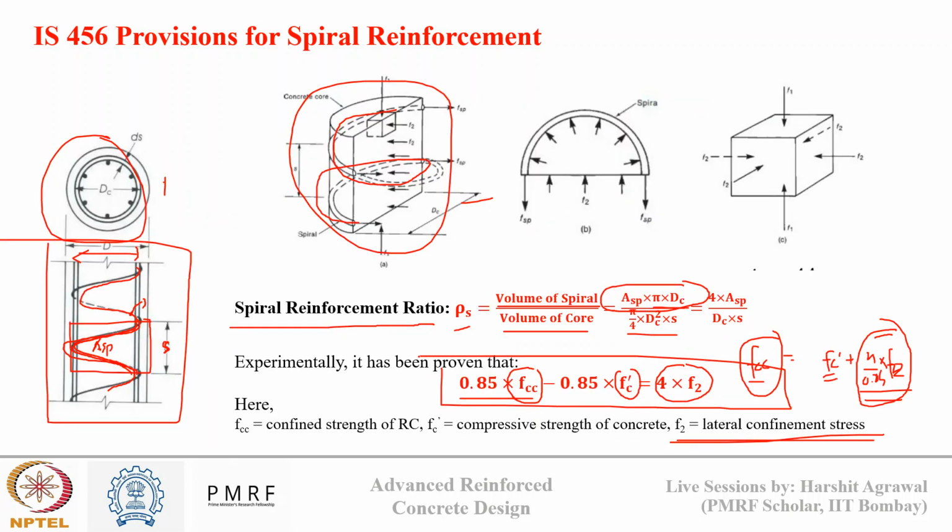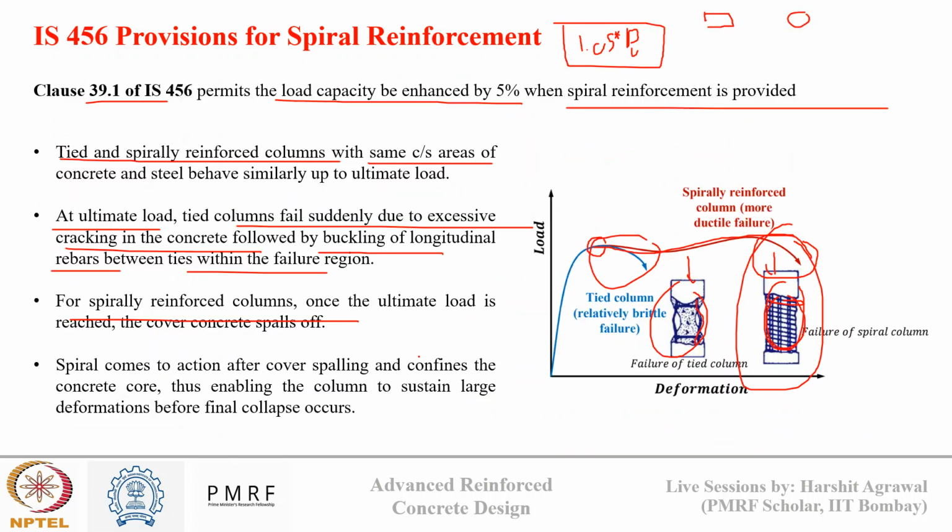There is a minimum spiral reinforcement ratio that we need to take care of. Once we know it, we can calculate the lateral confinement stress the spiral is bringing, and we know the permissible load capacity of a reinforced concrete column with spiral reinforcement, which is 1.05 times the Pu value that we get for lateral reinforcement.